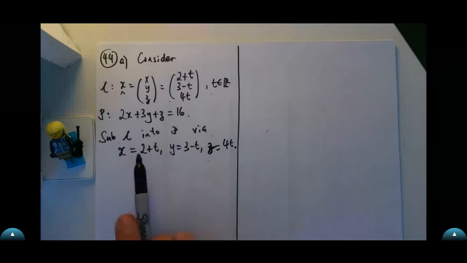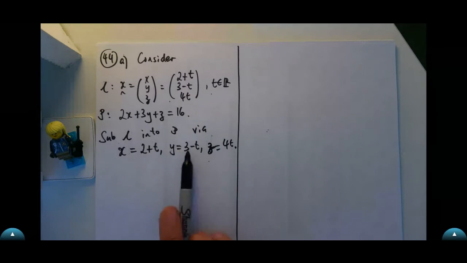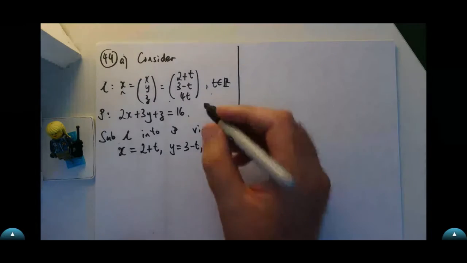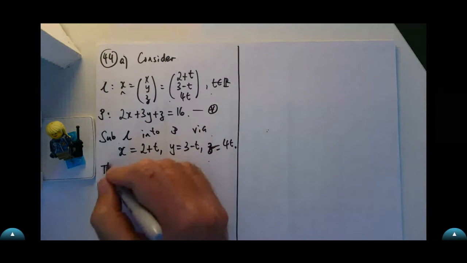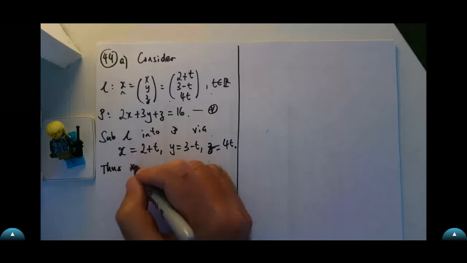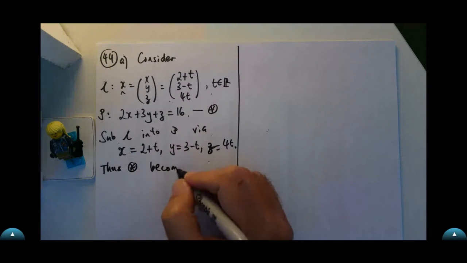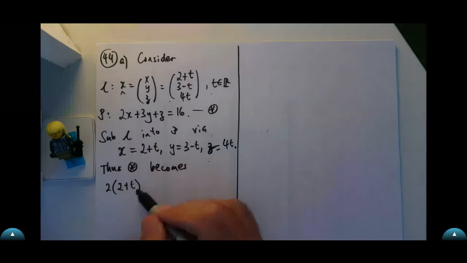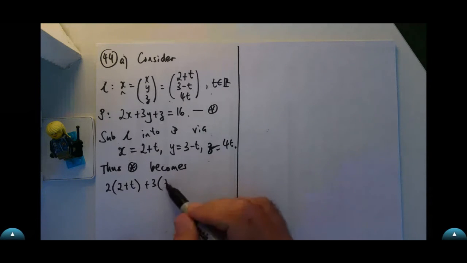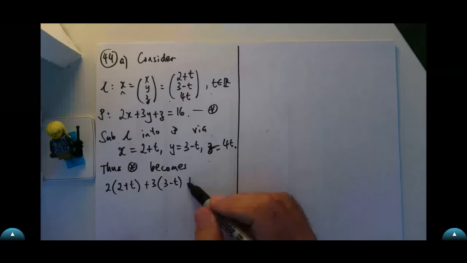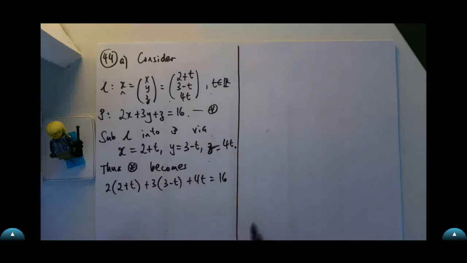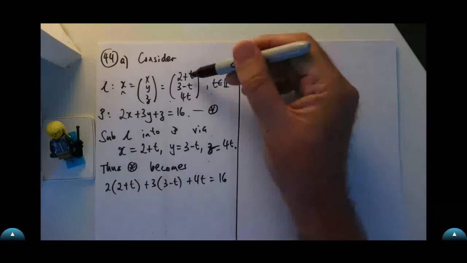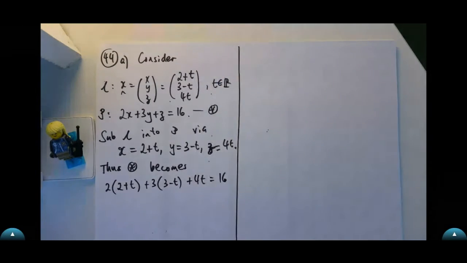We'll replace X with 2 plus T, Y with 3 minus T, and Z with 4T, and we want to find a T. So it's 2 plus T, plus 3 minus T, plus 4T equals 16. And we want to solve for T. Once we've solved for T, we can go back, take that value, put it in here, and we can get a point.